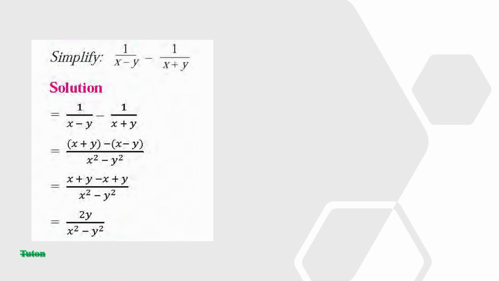Here we are dealing with the subtraction of two fractions with variables. First of all we find the LCM of the denominators, which here would be x minus y multiplied by x plus y.